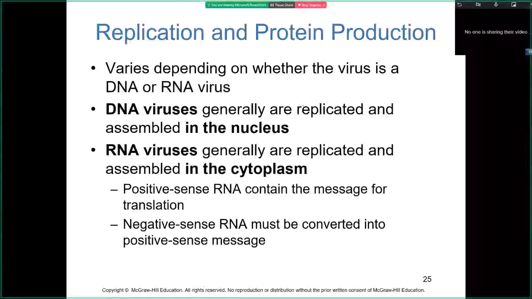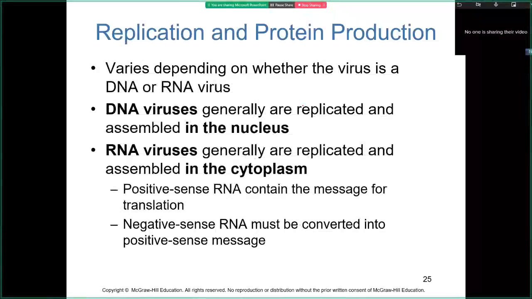So the classification system, focusing on the type of genome that the virus has, is significant in part because it highlights this aspect of the viruses, where they go in the host cell to do their work.